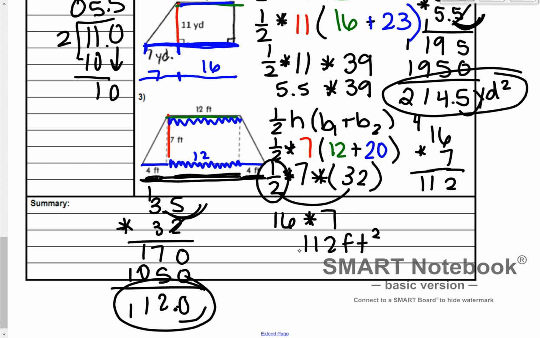So either way, I'm going to end up with 112. Just notice how much faster that this one took me. So when you have a 1/2 or a divide by 2 and it's all being multiplied, you can switch the order, because remember with multiplication we can switch the order. So 1/2 times 7 times 32 is the same as 1/2 times 32 times 7. So you can kind of switch that order to take half of the even number so that you don't have to deal with decimals. All right, and that is how we find the area of trapezoids.